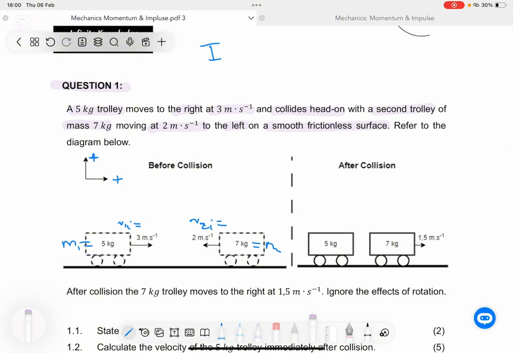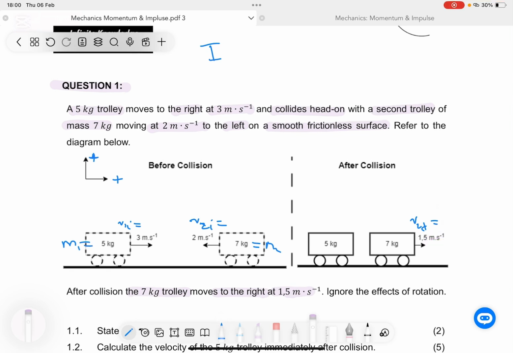Now the question continues to say, after collision, the 7 kg trolley moves to the right with 1.5 meters per second. Now here, after collision, this 7 kilogram object goes in the opposite direction from the direction it was going. So this means here we have v2 final to be 1.5.